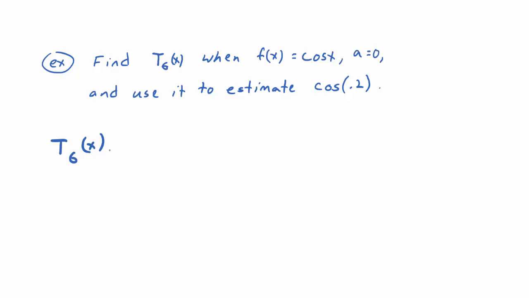What we had for that was 1 minus x squared over 2 factorial, which is just 2, plus x to the 4th over 4 factorial, minus, what's the next one? x to the 6 over 6 factorial. Remember that cosine's an even function? That can help you remember this formula, can't it? It means the exponents better be even. And then we would stop there. There's your 6th degree Taylor polynomial for cosine.